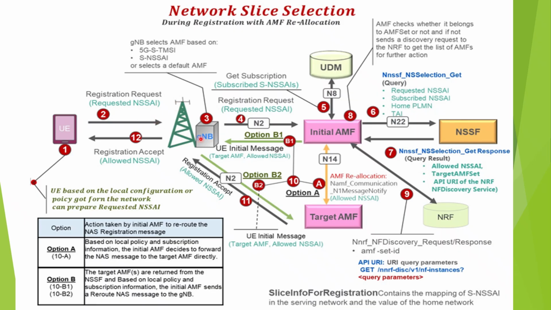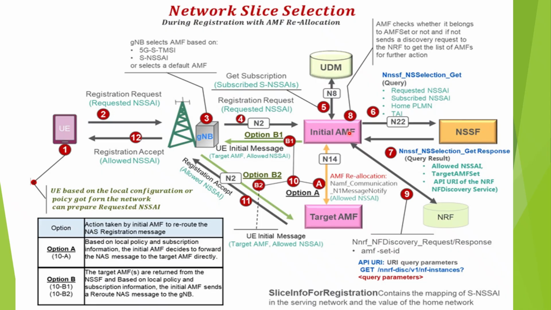The gNodeB then selects the AMF based on the 5G-S-TMSI and NSSAI shared by the UE, and it selects the default AMF. It sends the registration request through the N2 interface to the initial AMF. At the initial AMF, it gets the subscription, and the subscribed NSSAI will be available here.